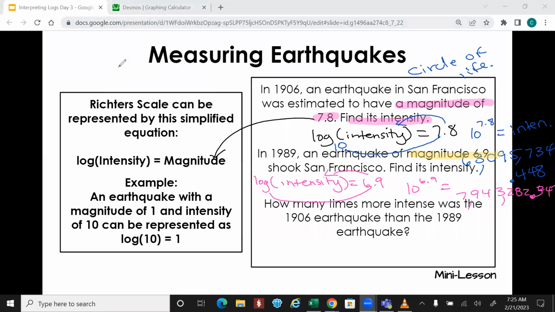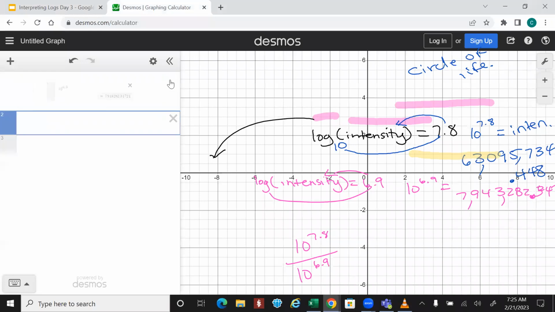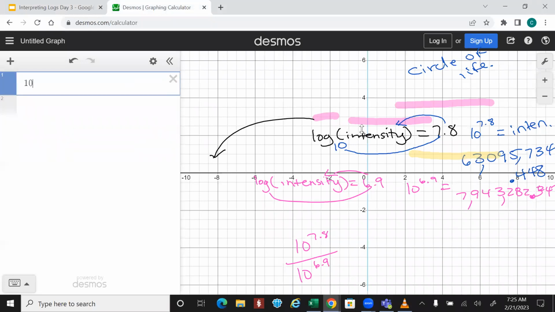So I'm going to type this into my calculator as 10 raised to the 7.8 divided by 10 raised to the 6.9. So how much more intense is that one going to be?